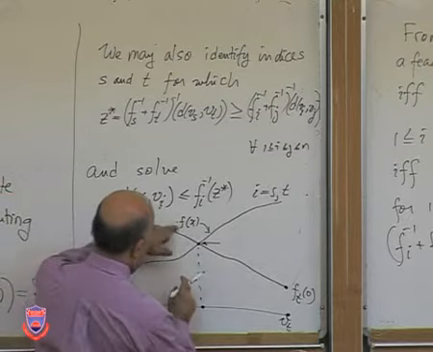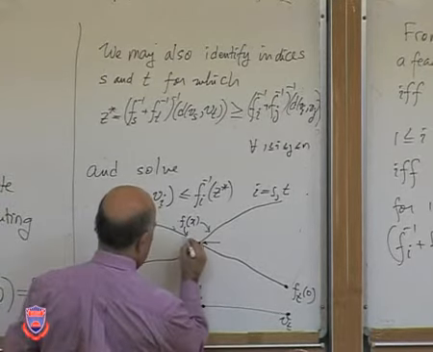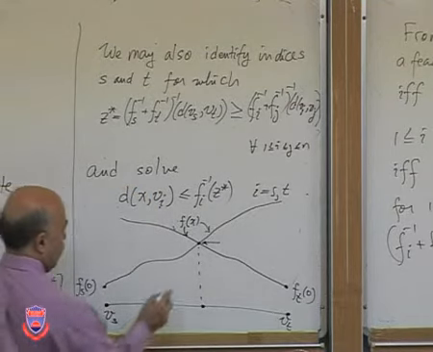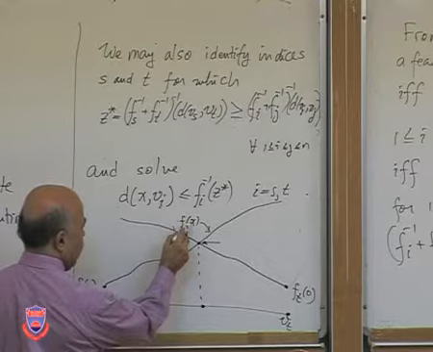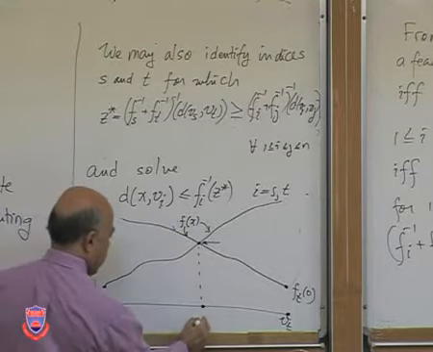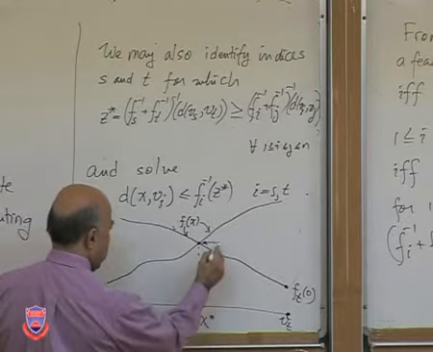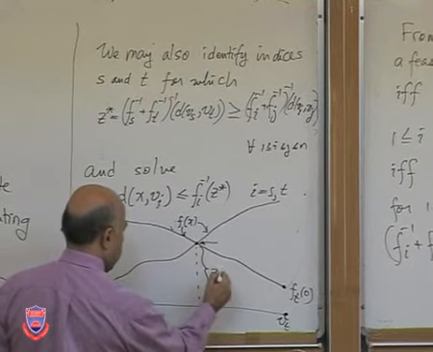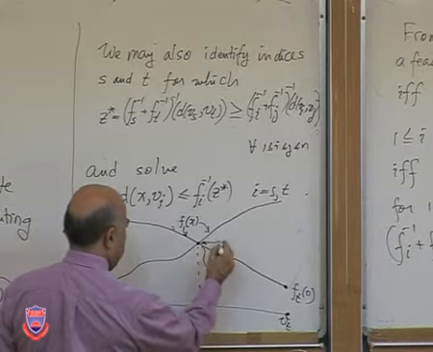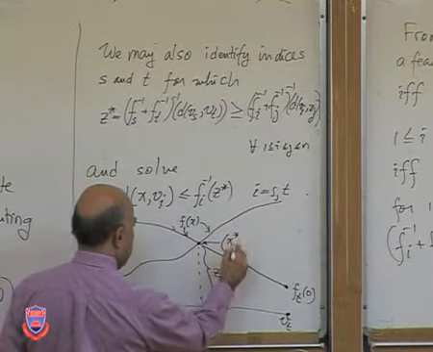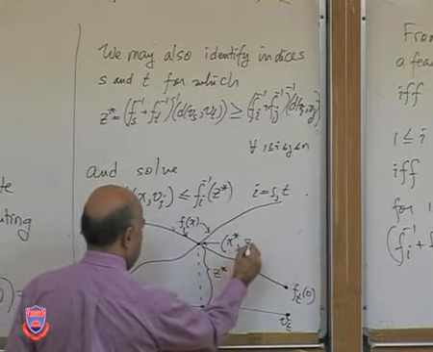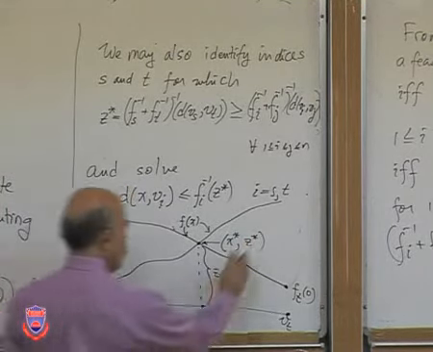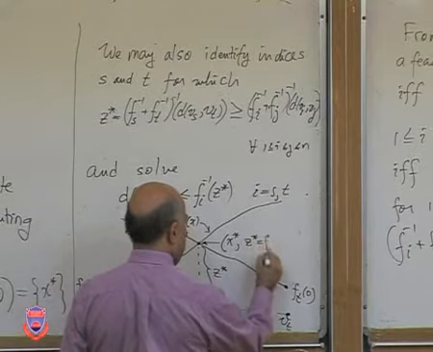So at least locally around that point, those are the two pieces that determine the maximum value of f. This will be your x star. This height here will be your z star. That point will be your point x star with height z star, which is of course equal to f of x star.